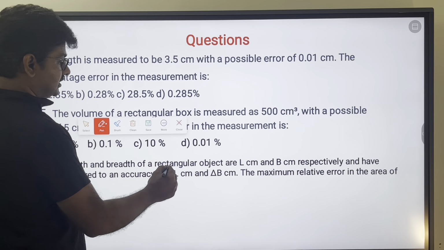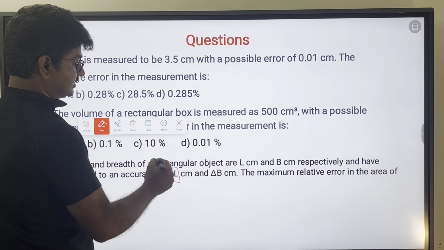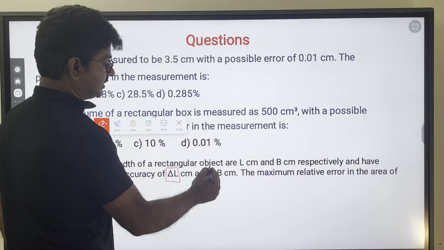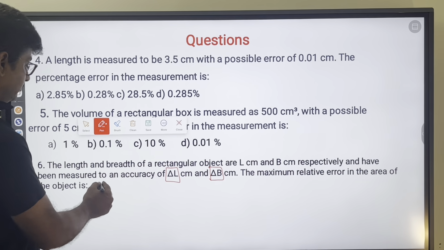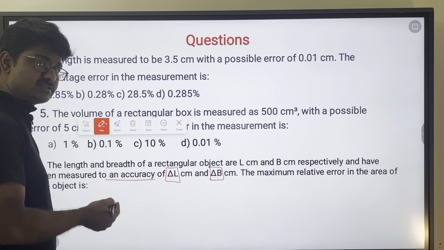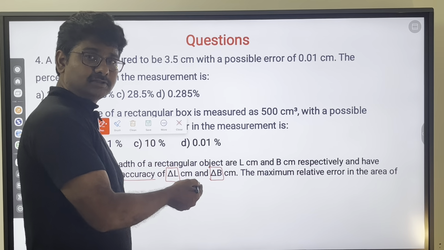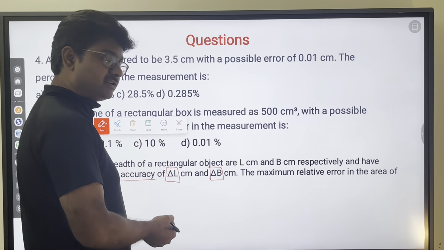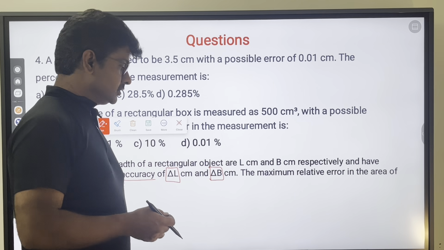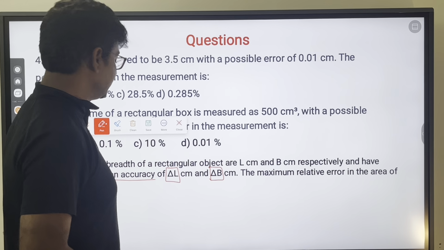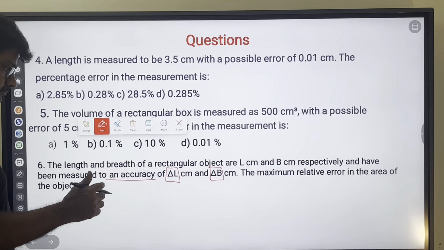Delta L is the error in the length and delta B is the error in the breadth. When I say accuracy, it is mentioning how much the error is. This is the maximum error.